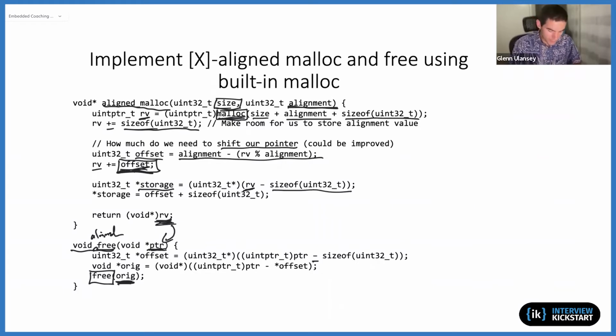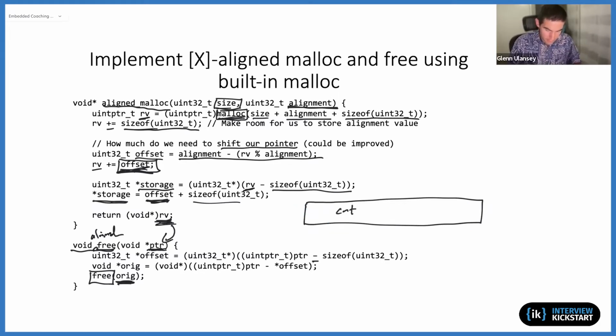And then at that location, I store the offset, as well as the fact that I changed it by 4 as well. So conceptually, I allocated initially, let's use the same nomenclature, size bytes, alignment, and 4. That's what was being allocated up here.